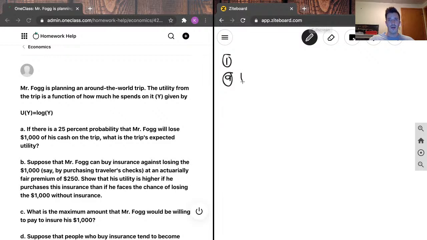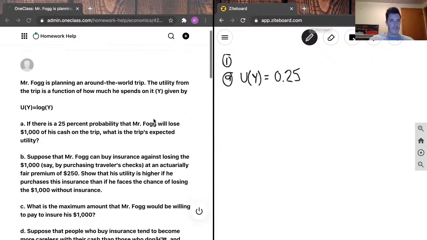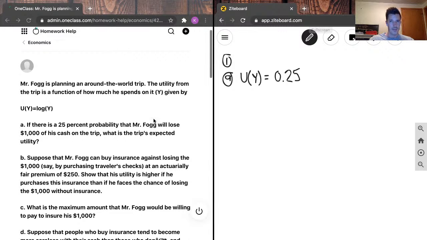And what we do here is break down his utility function into the 2 scenarios. So in scenario 1, 25% chance that he's going to lose. It doesn't give us an income.